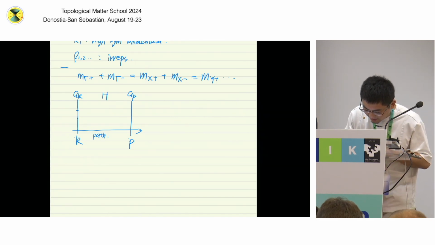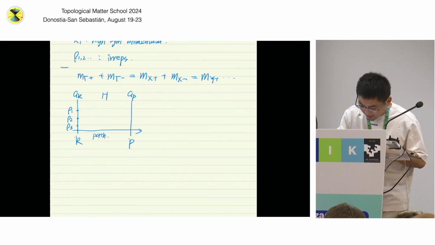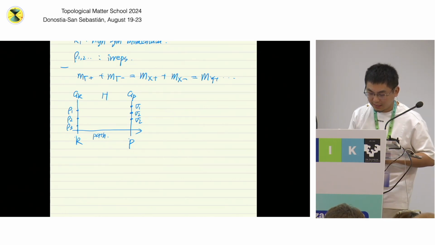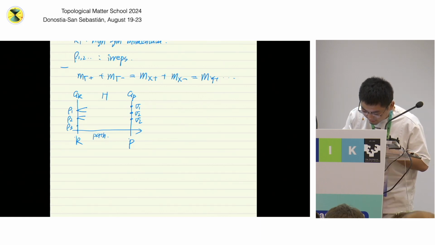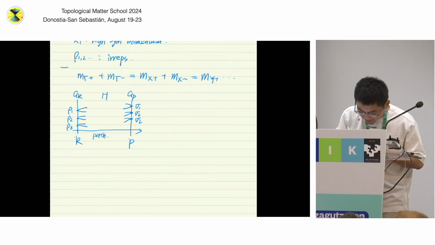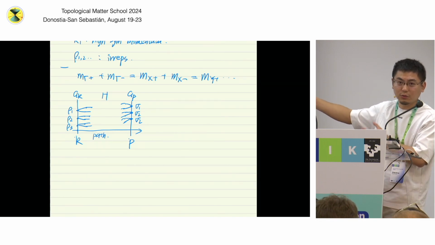And all the occupied energy bands at the K point must form irreducible representations of G_K, right? And similarly, all the occupied bands must form irreducible representations of G_P, and we denote them as ρ and σ respectively. And in the middle, they will reduce to a set of irreducible representations of the subgroup H. And for this band to be an insulator, all these levels must connect to each other.